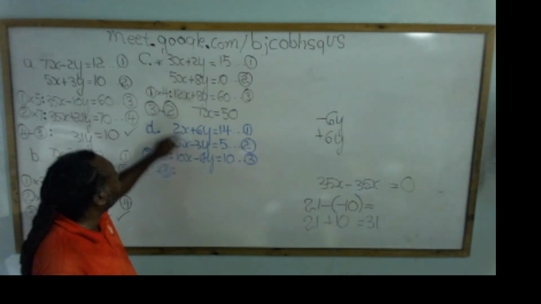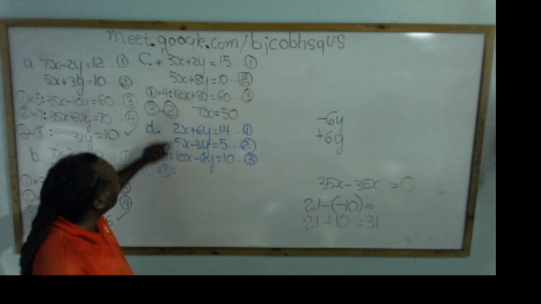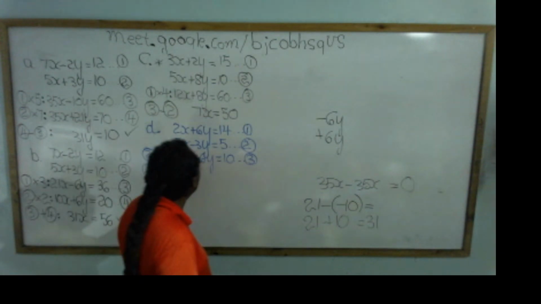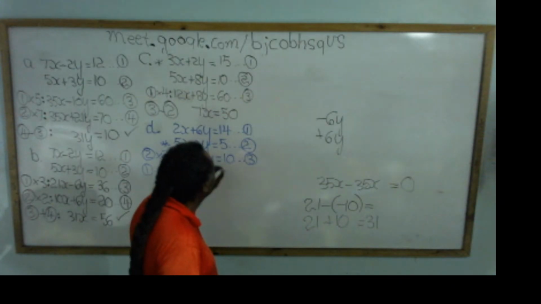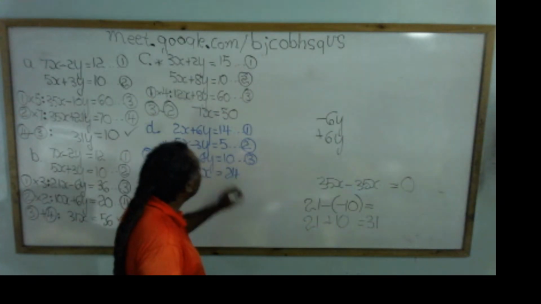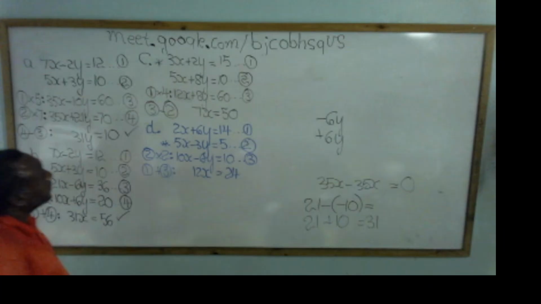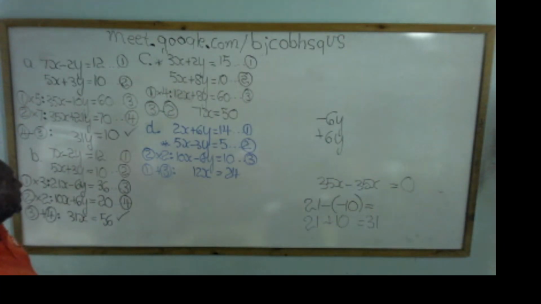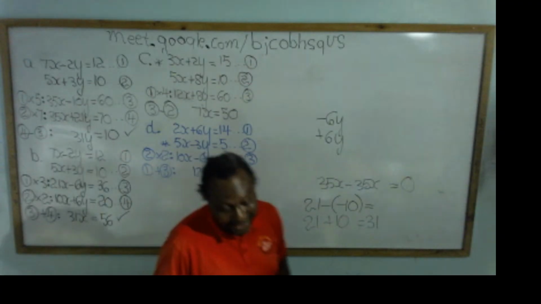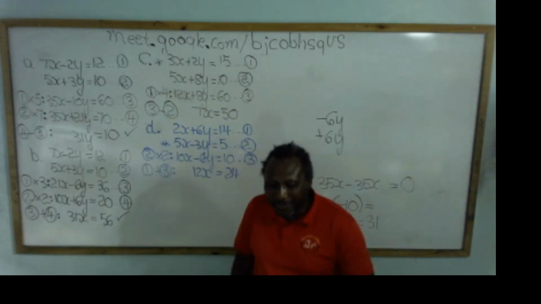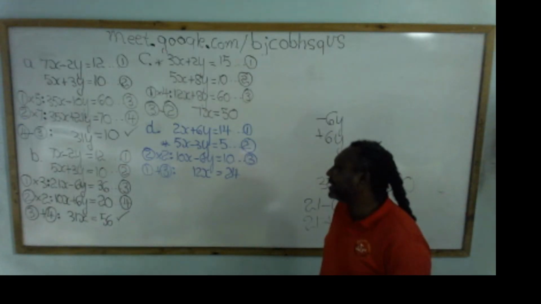And we have what? 2x plus 10x, 12x equals 14 plus 10, that's 24. So in that case, the y's are additive inverses and are therefore eliminated by addition.